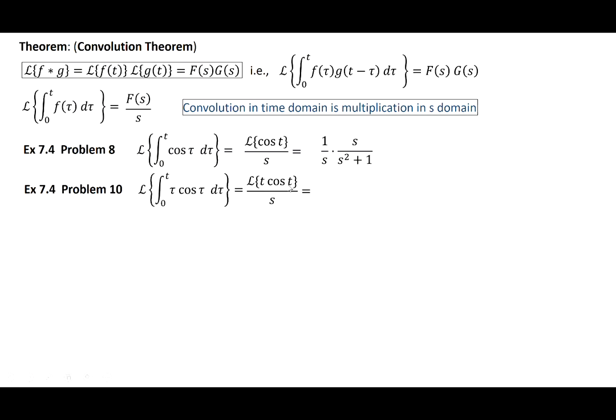Now, the question is, do we know how to find the Laplace of t cosine t? Going back to the previous section, if you did all the problems there, you should immediately recognize that the Laplace of t cosine t is negative d ds of the Laplace of cosine t. So we have 1 over s... Did I go wrong? I should have had a negative 1 in front of this.